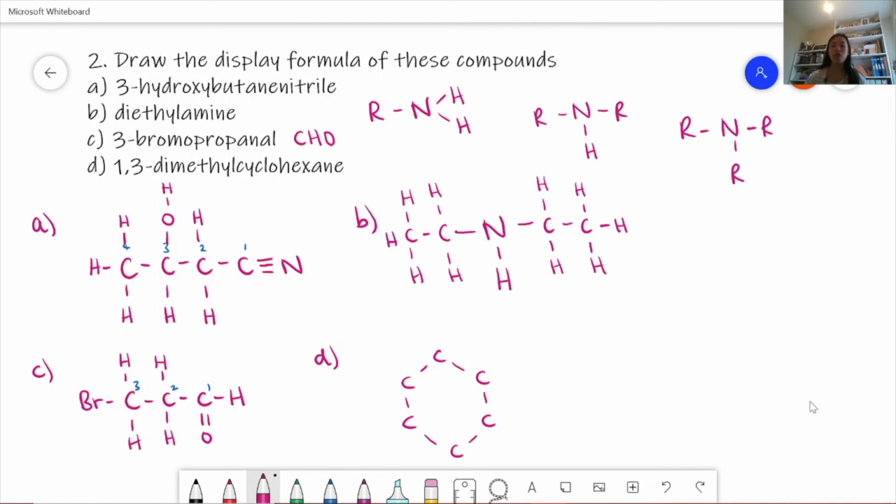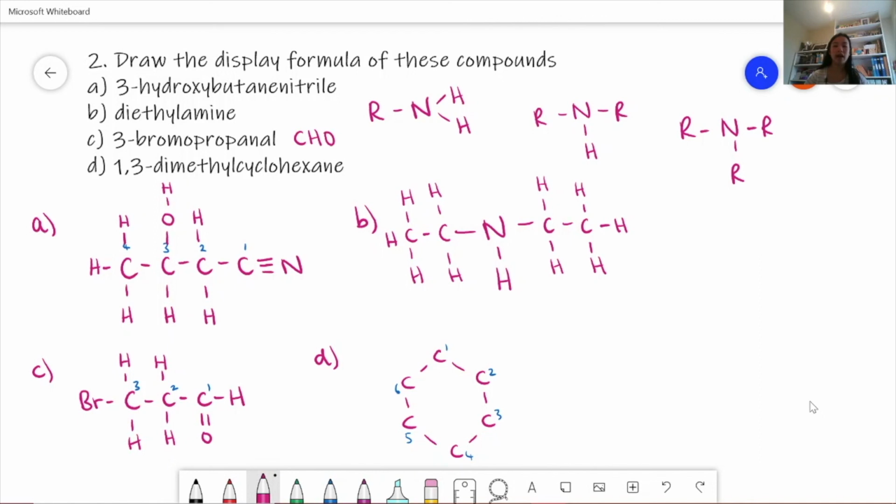And then we have 1,3-dimethylcyclohexane. So that means that on carbons 1 and 3, we both have methyl groups. And it doesn't matter which carbon is 1 and which carbon is 3, as long as you go all the way around naming them 1 to 6. You can start anywhere, it doesn't really matter.